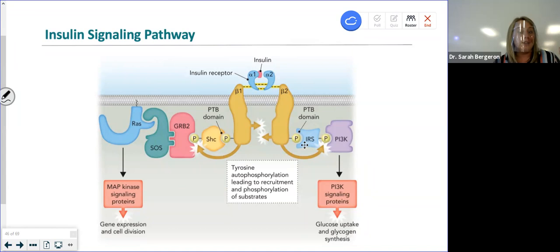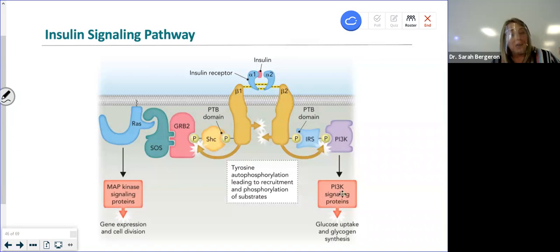So in this case, this is the insulin responsive IRS, insulin receptor substrate. So you have this adaptor protein that is going to bind to the phosphorylated receptor. Then that phosphorylated receptor that's active because it's bound to insulin is actually going to go in and phosphorylate that substrate. Now that it's phosphorylated, we're going to activate an enzyme called PI3 kinase, right?